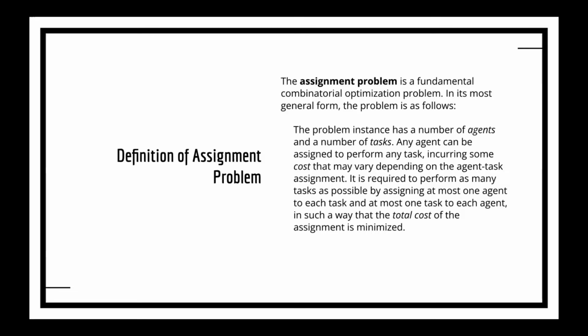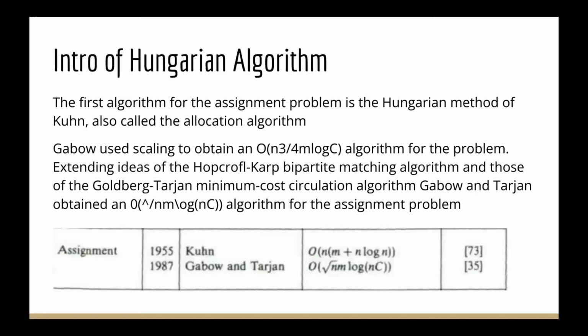So basically, you are trying to match different people with different jobs with the lowest possible cost. By using the Hungarian algorithm, we could minimize the cost. The intro of Hungarian algorithm.